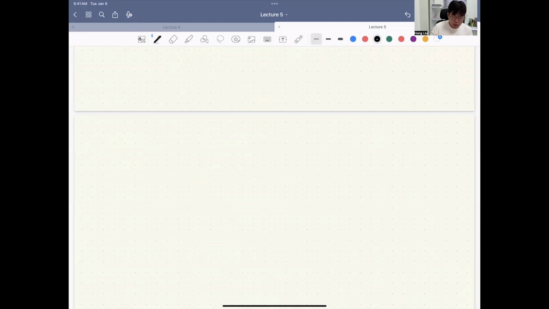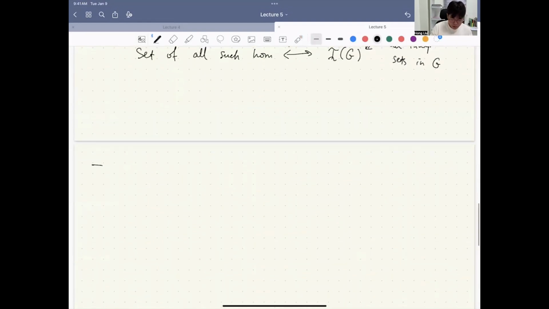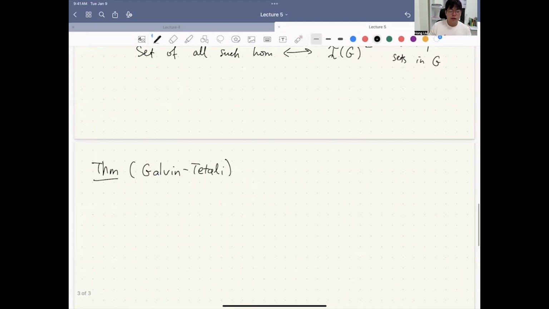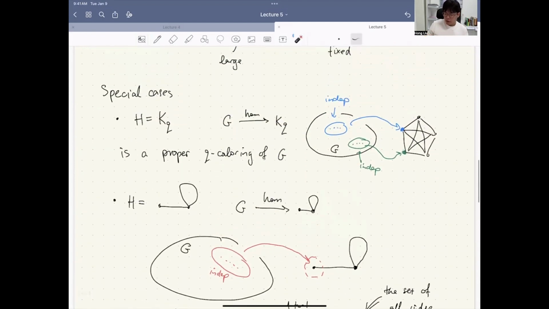Here's a result by Galvin et al., who proved that for any fixed graph H, it's okay to have loops, but we don't allow multiple edges.